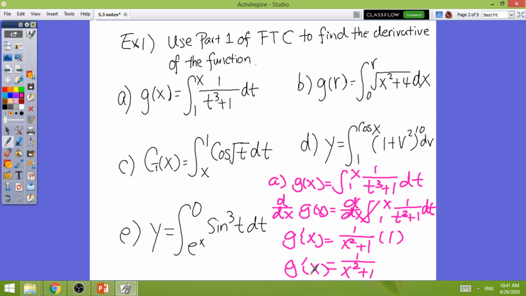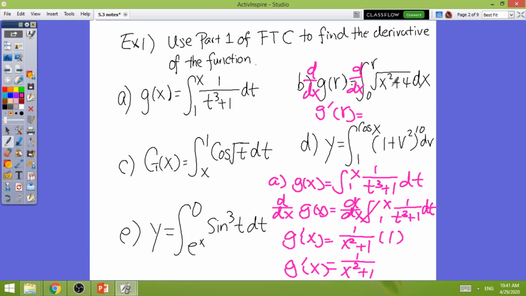Okay, now let's try the next one and see what happens. Taking the derivative on both sides, this one turns out to be g prime of r. Again, the derivative of the integral just cancels, and this is the original integrand.